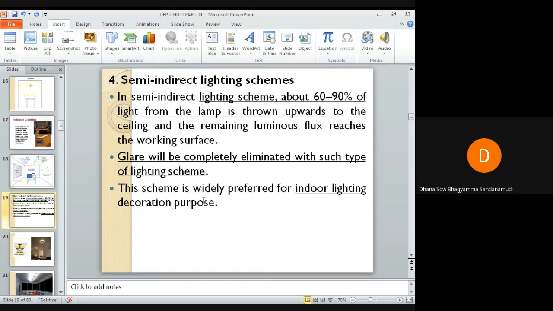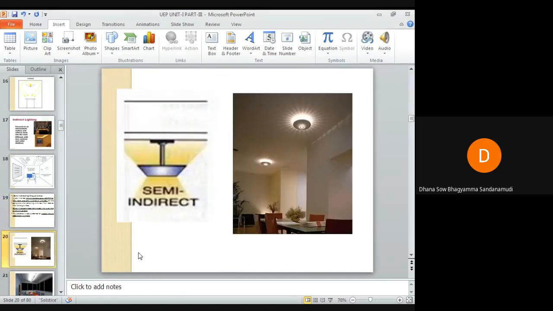By using this semi-indirect lighting, glare can be completely eliminated. Usually this sort of lighting is preferable for indoor lighting decoration purposes. So you can see 60% to 90% is facing the ceiling, and 40 to 10% is facing the surface.